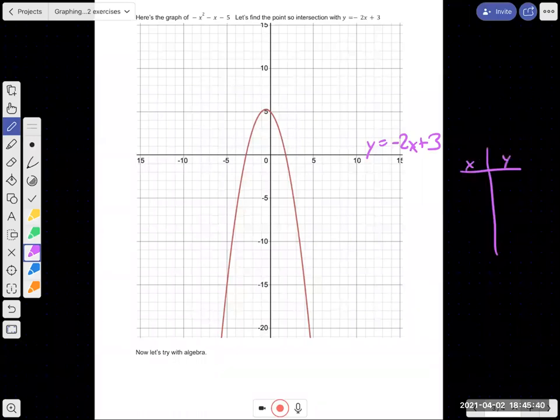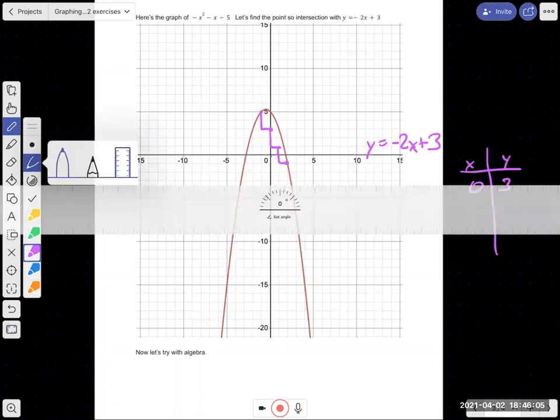So if we put in 0, we're going to get 3. So we say 0, 3, 1, 2, 3. So there's a point. And our slope is minus 2. That means that we go like this, and like that, and like that. So this one might work out a little better.